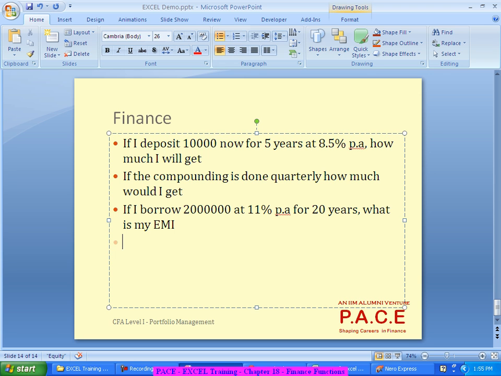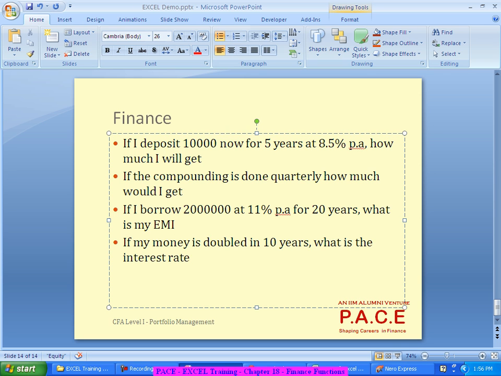Or another scenario: if my money is doubled in 10 years, what is the interest rate? So these are very common applications which are used as a part of our day-to-day scenarios.